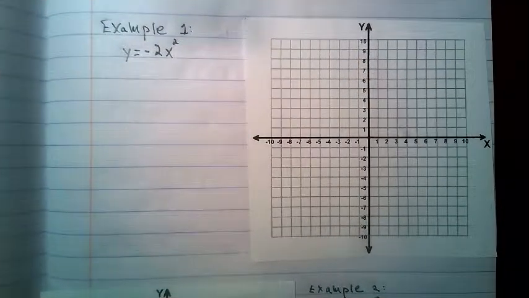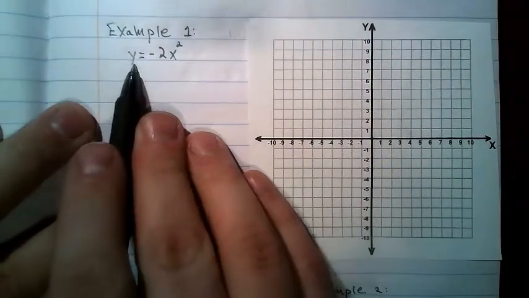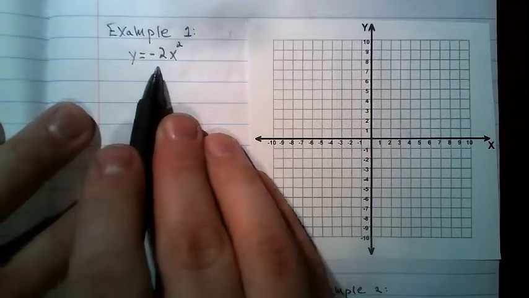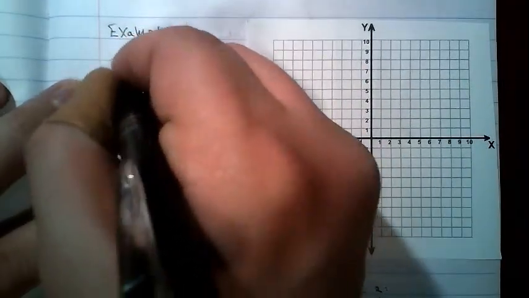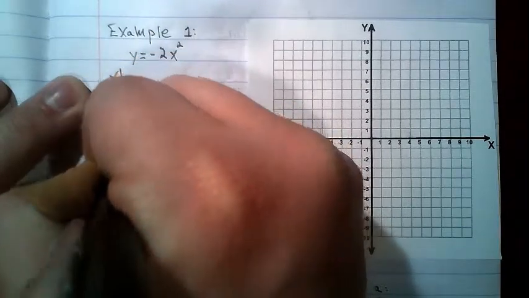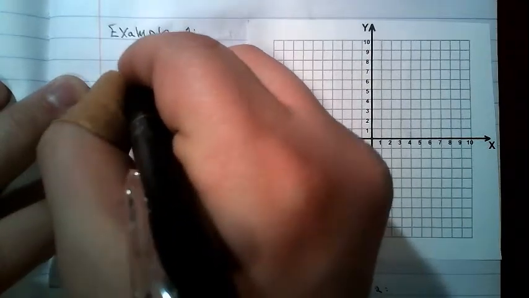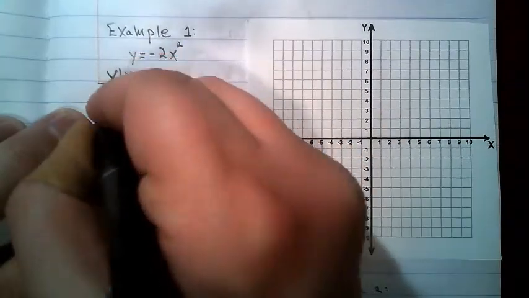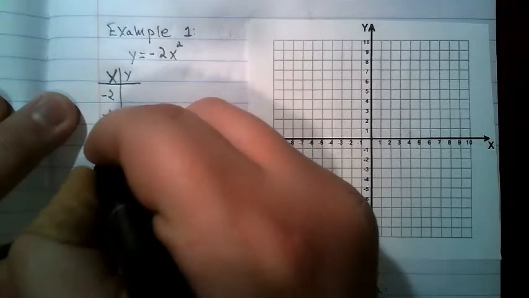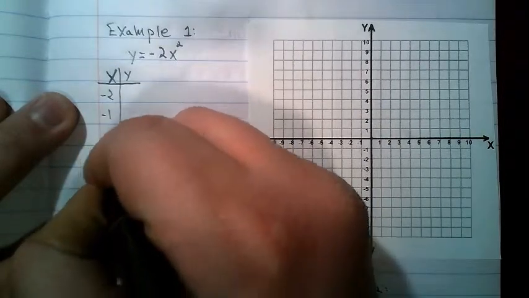Continuing our work with quadratics, we have y equals negative 2x squared, and we're going to be graphing that one. So we want to make a table. So let's make an x, y table. And we want to choose values, so let's go negative 2, negative 1, 0, then 1, and then 2.